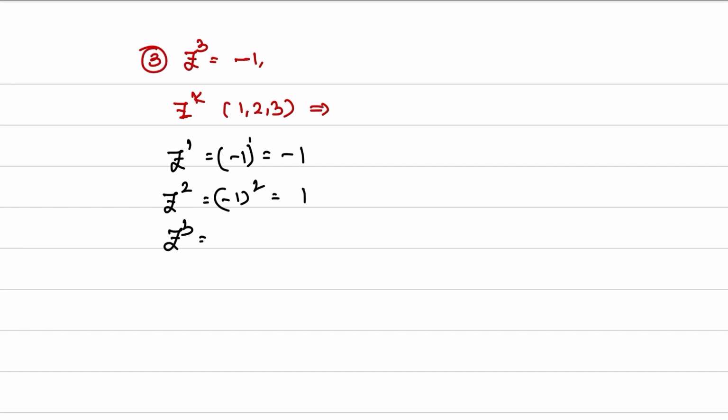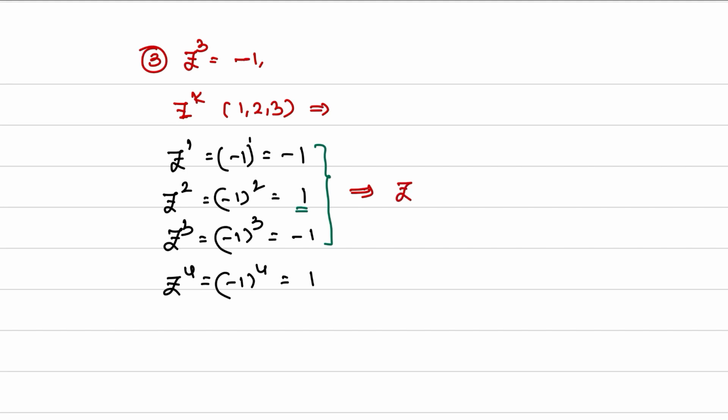Z to the power of 3 is equal to minus 1 to the power of 3, that is equal to minus 1. Z to the power of 4 is equal to minus 1 to the power of 4 is equal to 1. Here one value is exactly equal to 1. Hence, what is the conclusion? Z is equal to minus 1 is not a primitive root.